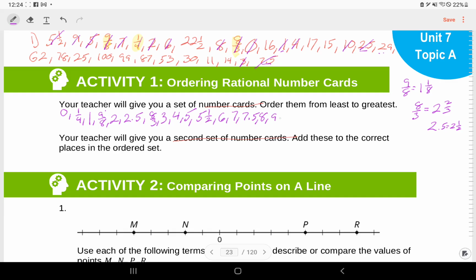Then 10. Then 11. Oh, there it is. Was there a 12? No. No 13, but there is a 14, and a 15.